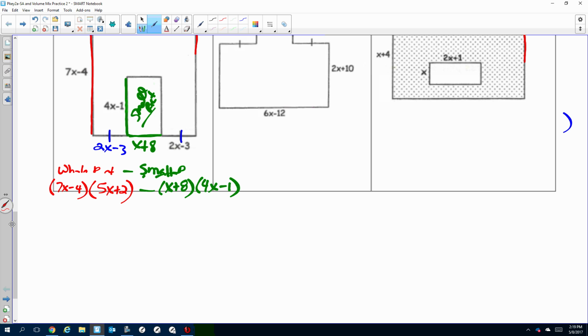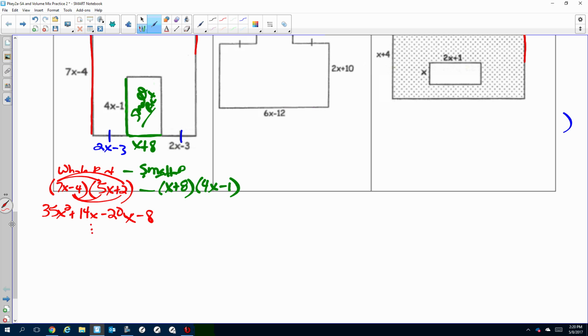I'm going to just do FOIL. Just a recap, the first times the first is 35x squared. Then the outer, that's 14x. Then the inner, minus 20x. And then the last, minus 8.